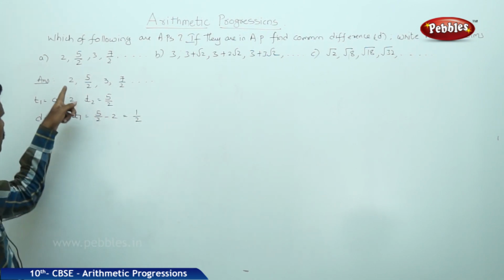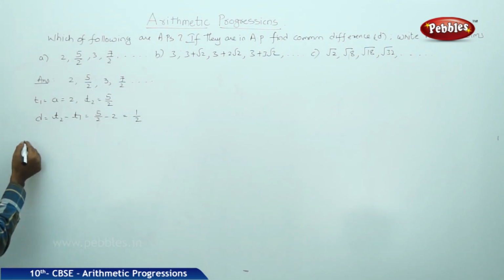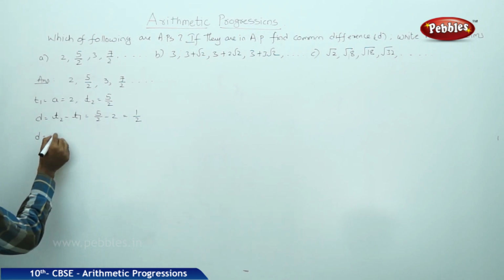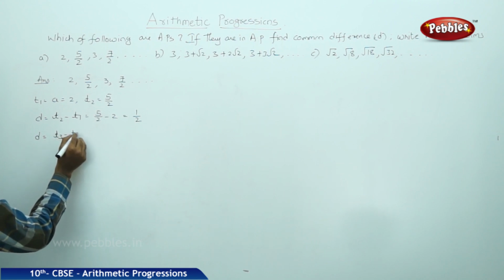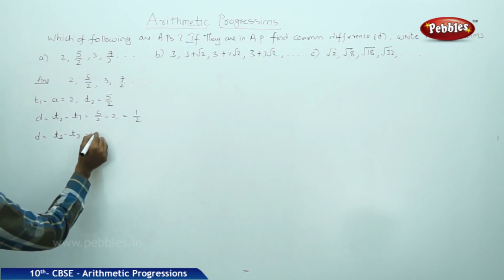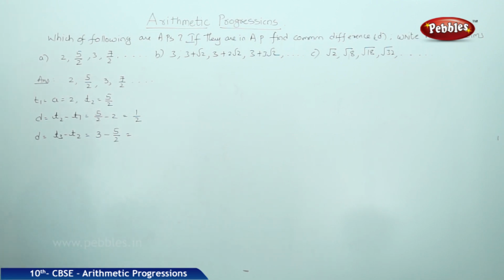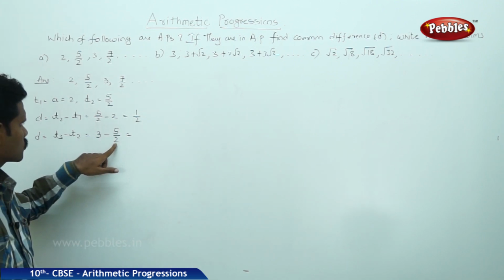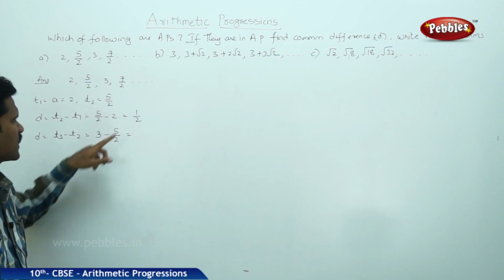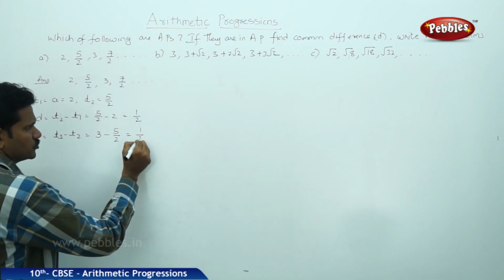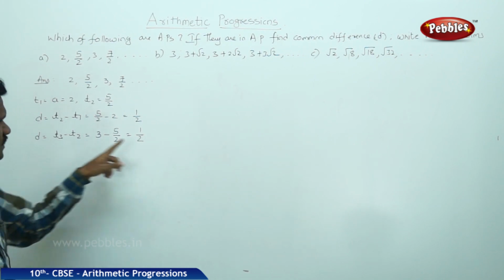Common difference is 1 by 2 here. Now the next one: D is equal to T3 minus T2. T3 is 3, T2 is 5 by 2. That is 2 threes are 6, 6 minus 5, 1 by 2. Here also the common difference is 1 by 2 only.